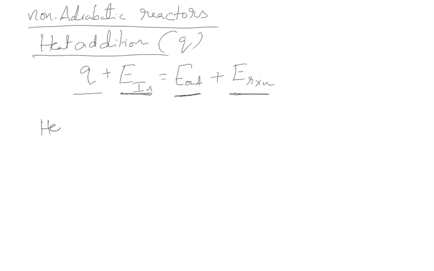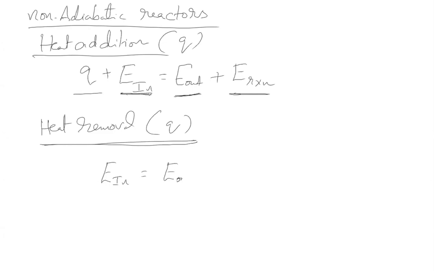Now heat removal. Where do you find this kind of application? In exothermic reactions. Let's say I'm removing heat; methanol is one of the examples. So it is enthalpy out plus Q plus enthalpy of the reaction.